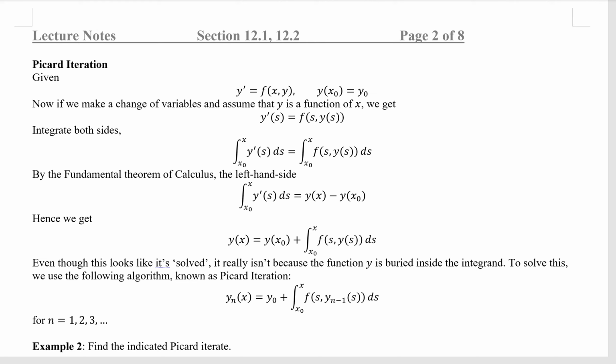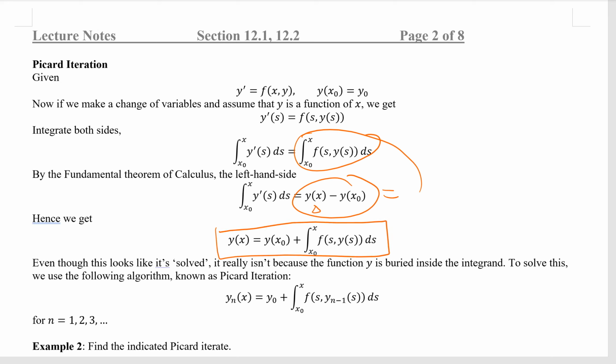Now, by the fundamental theorem of calculus, the left-hand side, because the integral and the derivative sort of cancel out, is just y of x minus y of x0. Because the left-hand side equals this, we can solve for y of x, which means we move the y of x0 to the right, and we get this formula.